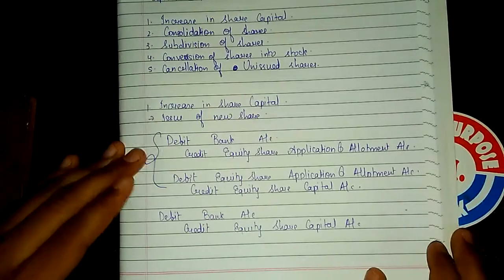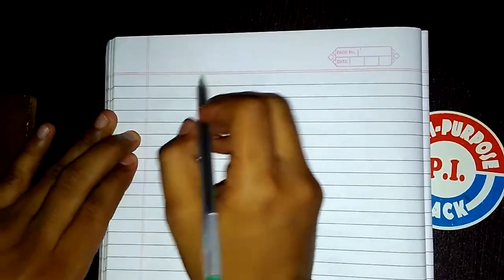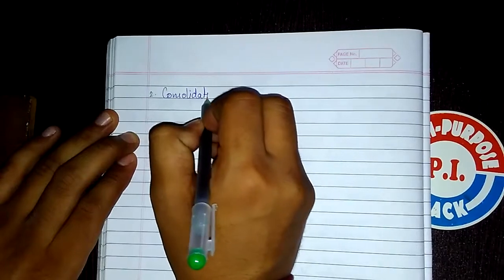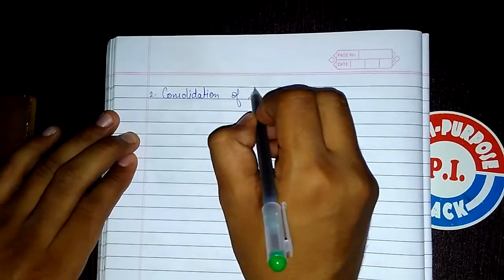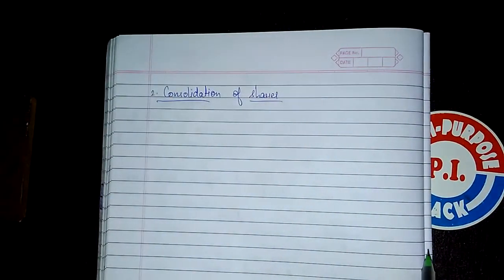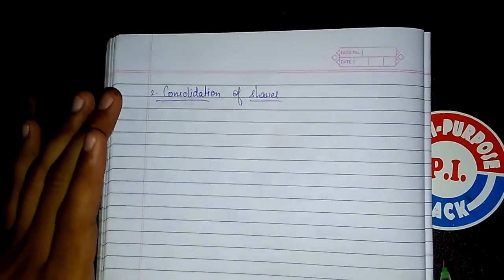I hope you all have copied this much. Now let's move on to consolidation of shares. Second, consolidation of shares. I know this is quite boring theory, but trust me, if you have missed this theory, you have no grip on this chapter.